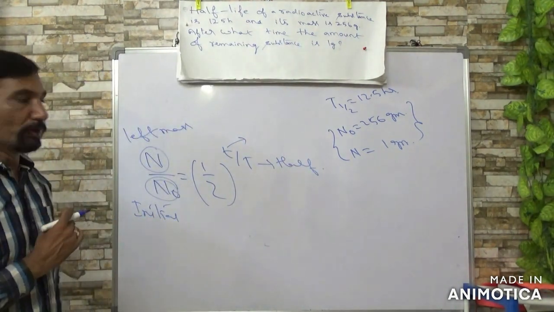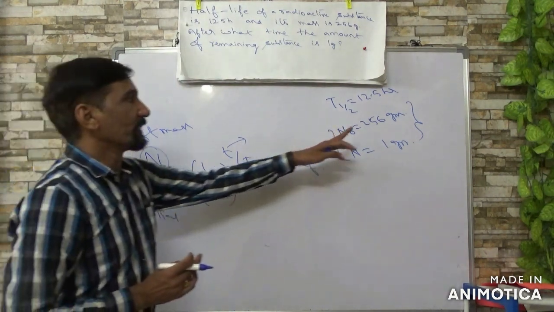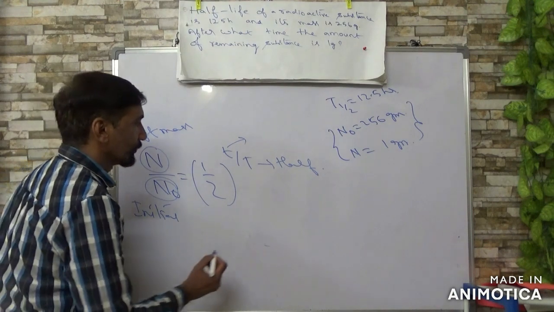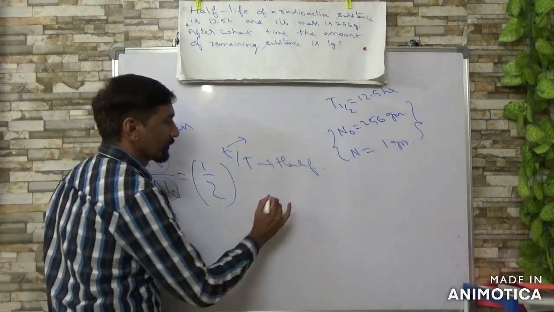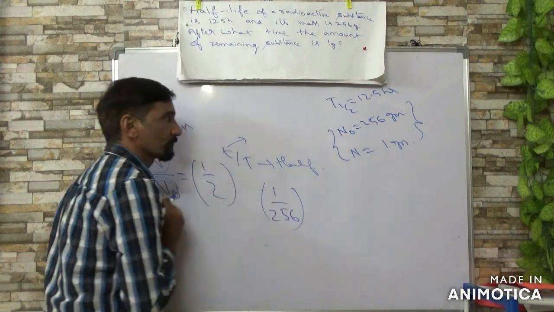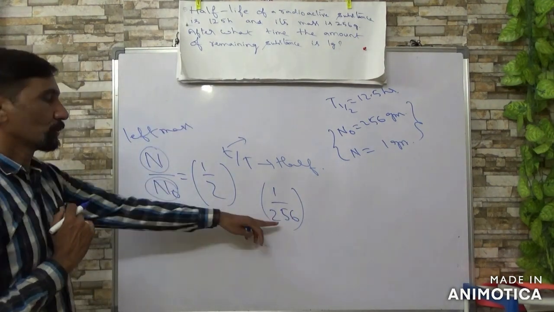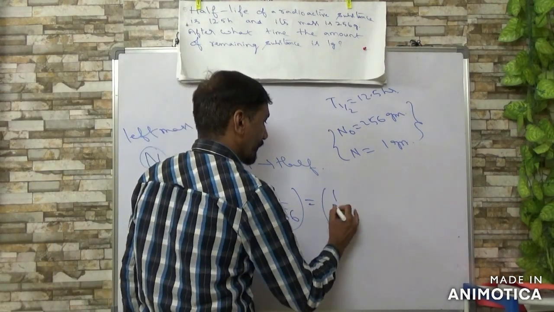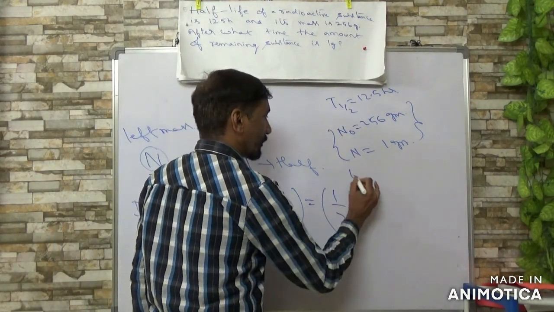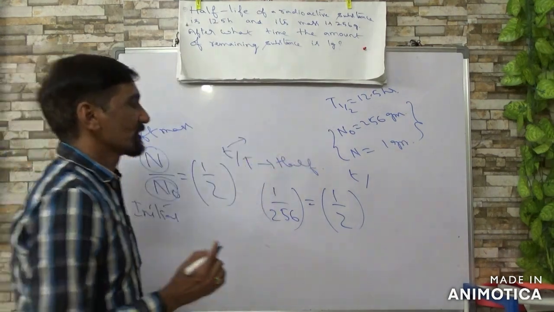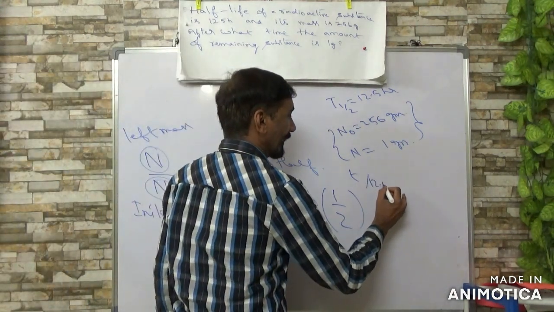So here 256 is initial and final is 1, so you can take directly 1 by 256. Initial 256, left 1, that is equal to 1 by 2 power, allotted time you want to find, half life given as 12.5 hours.